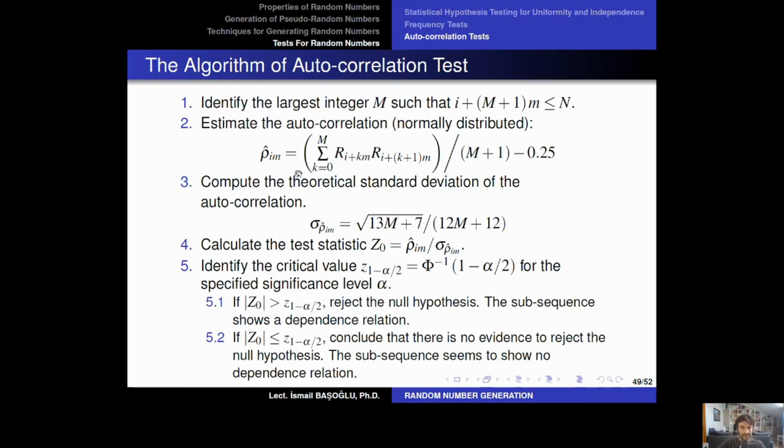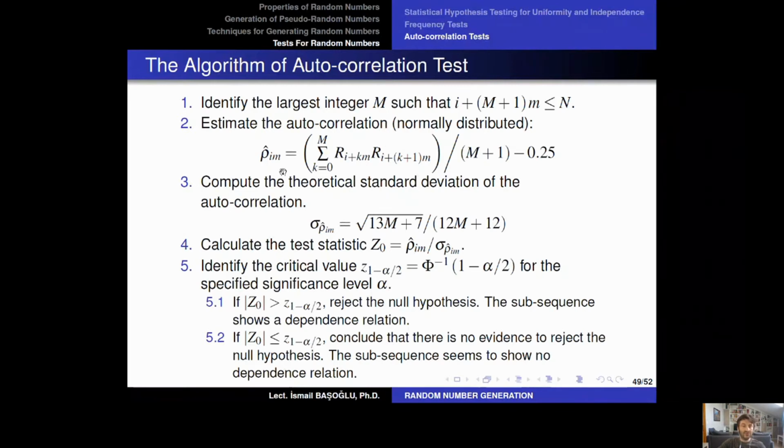After that, you are going to multiply the i plus kmth index of the random number sequence with the i plus (k plus 1)mth index. Basically, you are multiplying every consecutive number in the subsequence.